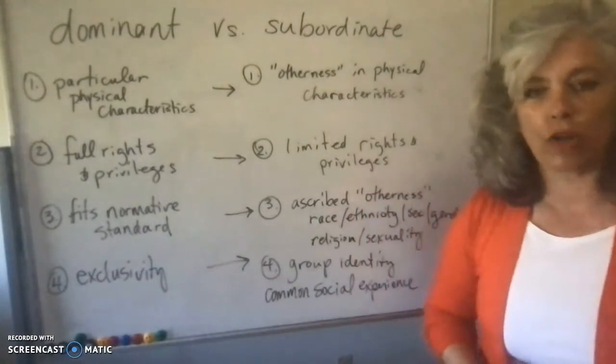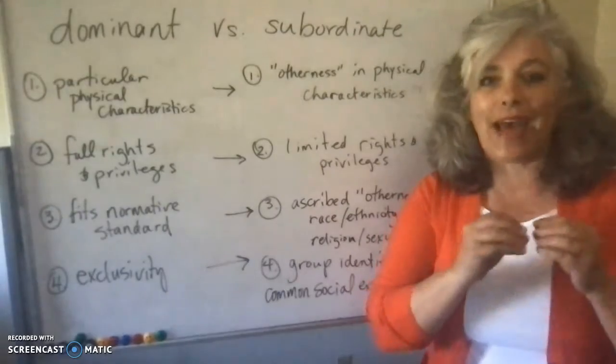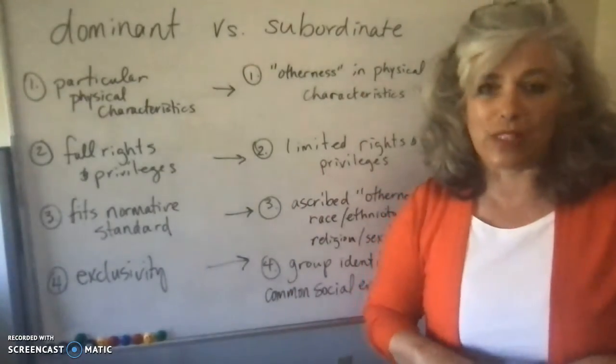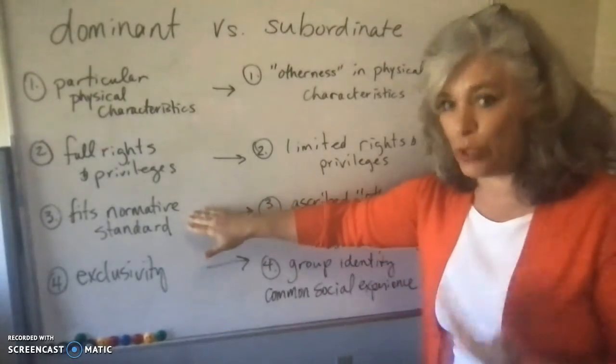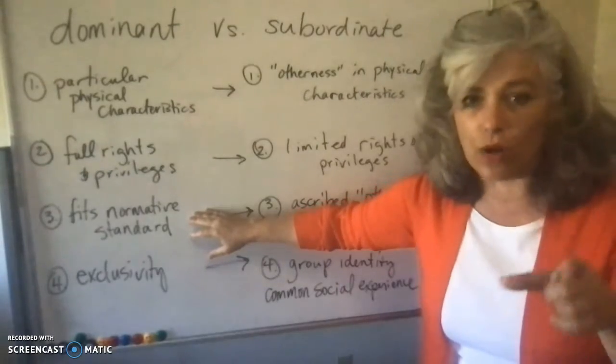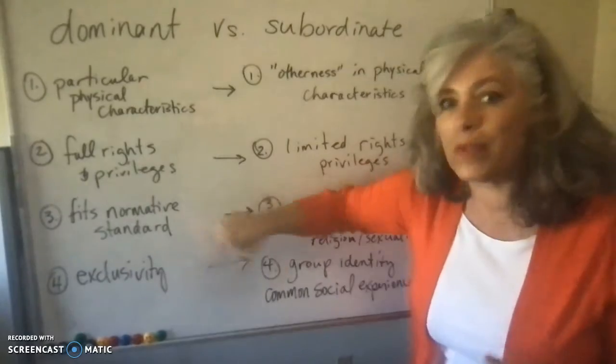Some of you might have heard the term heteronormativity, which is the assumption that heterosexuality is, quote, normal for the human species, and therefore the assumed standard for sexual behavior. So this word normative, that's what it means.